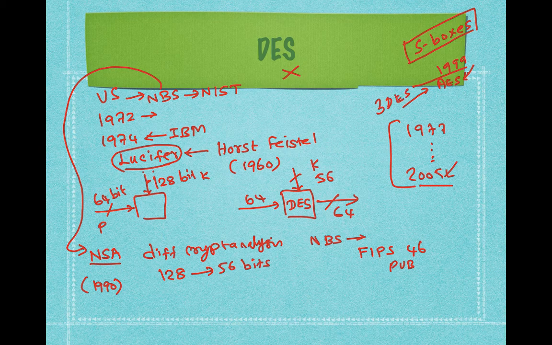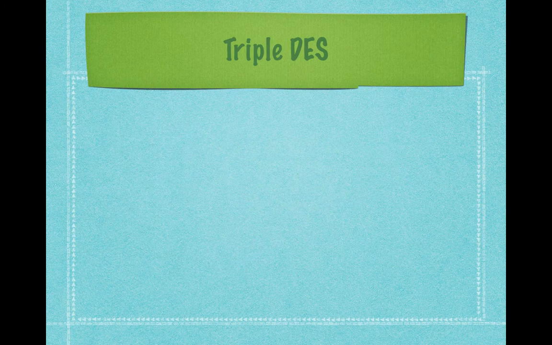Next we will look briefly at triple DES. Triple DES is one of the contenders for the AES algorithm when the competition was announced. Triple DES internally is exactly the same DES. In DES, as I already told you, the plain text input is going to be 64 bits.